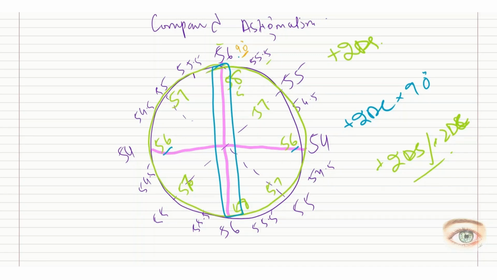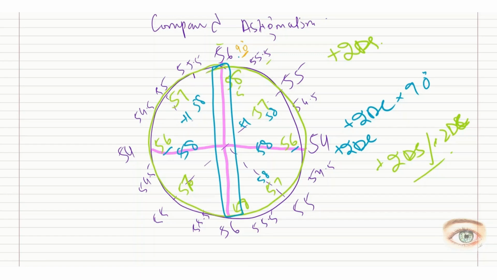I have placed it at 90 axis, and now what? The power will be plus 2 diopter cylinder here, which means that this 56 has now become 58, right? Now this point has also become neutralized. What will I have here? Plus 1, which means now 57 has become 58, right?